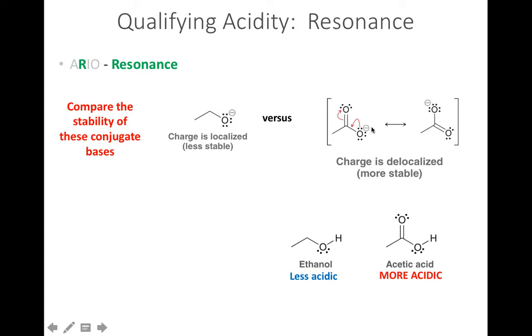In the case of acetic acid, I can make this alternate resonance structure, and so I can spread that negative charge between those two oxygen atoms. The fact that I can spread out or delocalize that lone pair and negative charge means the conjugate base from acetic acid is more stable than the conjugate base from ethanol, and so acetic acid is more acidic than ethanol.